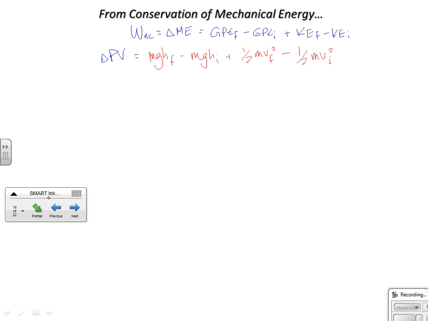Now, let's just, how about this? Let's turn this, well, I'm going to write this like this. Delta P, we're going to call P2 minus P1 times the volume. And I'm going to change this to mgh2, mgh1, mv2 squared, mv1 squared.